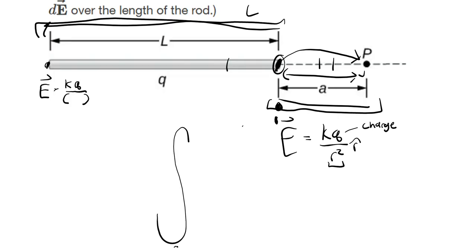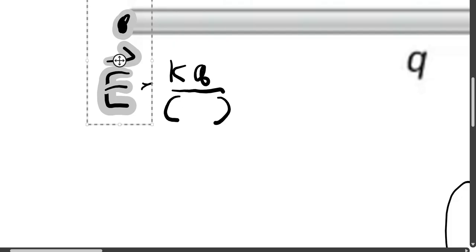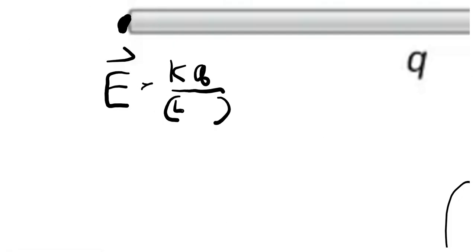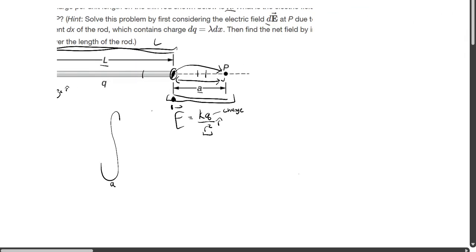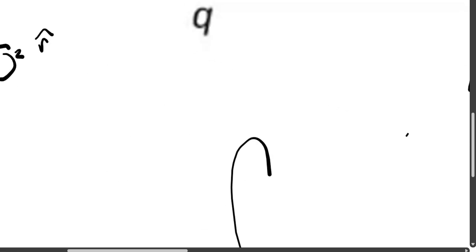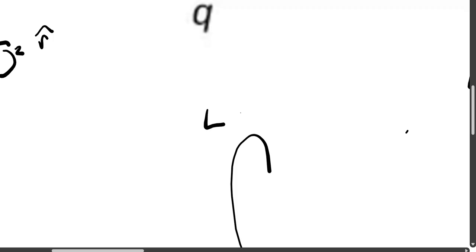All the way at the end now, we have a distance away from P of L plus A, which means that we certainly want the distance in the denominator to be L plus A squared, and the r hat is just notation. Okay, so we want to integrate until L plus A.